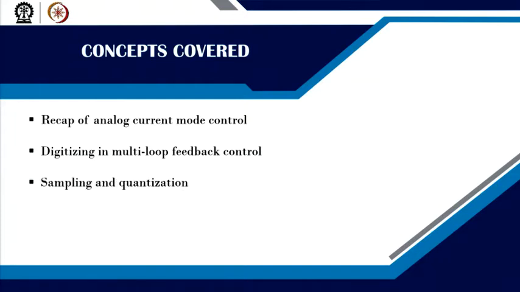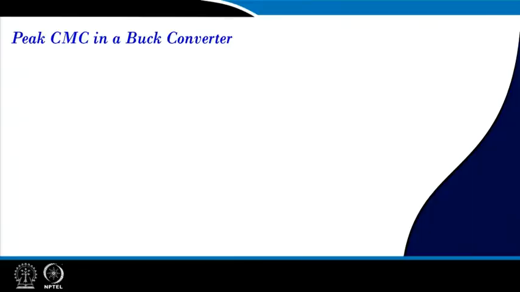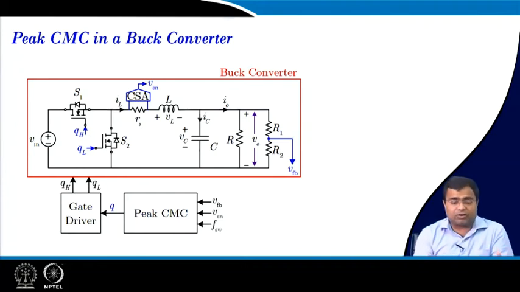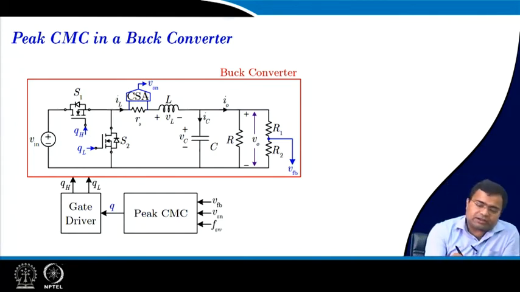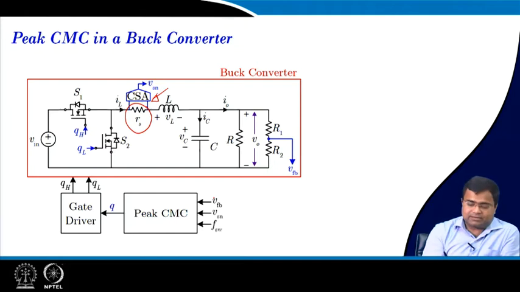Then we will talk about sampling and quantization, a summary of multi-loop digital control, and then some aspects of performance and cost trade-off. So, if we go for peak current mode control in a buck converter, this is the diagram of the buck converter. Here we are using a current sense resistor, and then there will be a current sense amplifier, and this sensed current is the feedback for the loop.